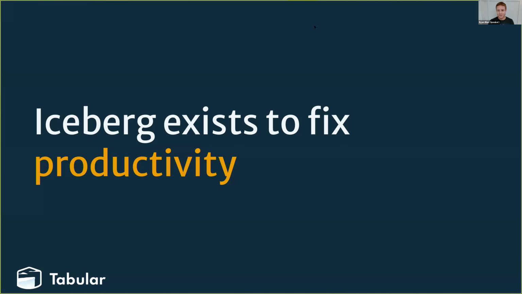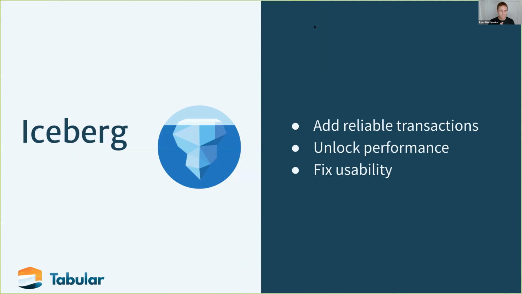We saw a lot of issues like, I can't trust when I write to this table, this is too slow and doesn't scale, or things like, wait, I renamed a column and wrote into this table and now everything is broken. Those are three different aspects of productivity. And so we can think of them as three separate areas.